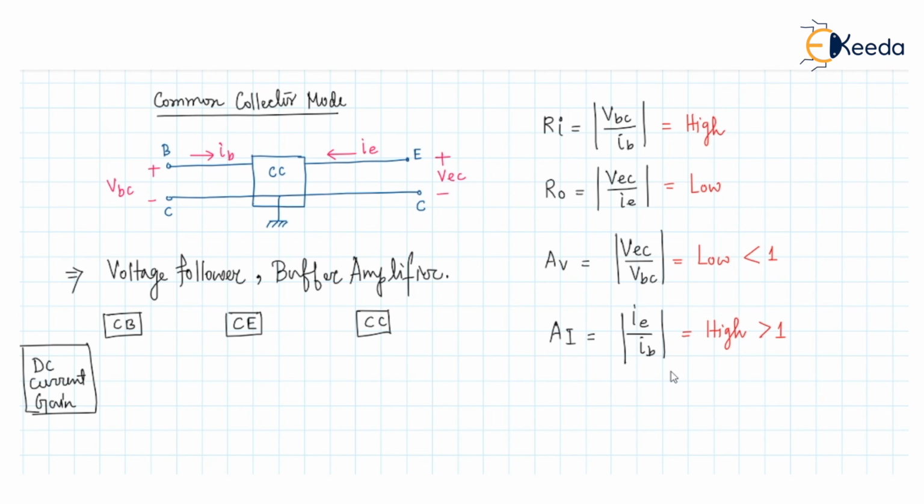In the common base, it is denoted by alpha, and the alpha value is IC by IE. In the common emitter, it is denoted by beta, and the beta value is IC by IB, and the gamma value is denoted by IE by IB. So these are the DC current gains of the three different modes of connection.